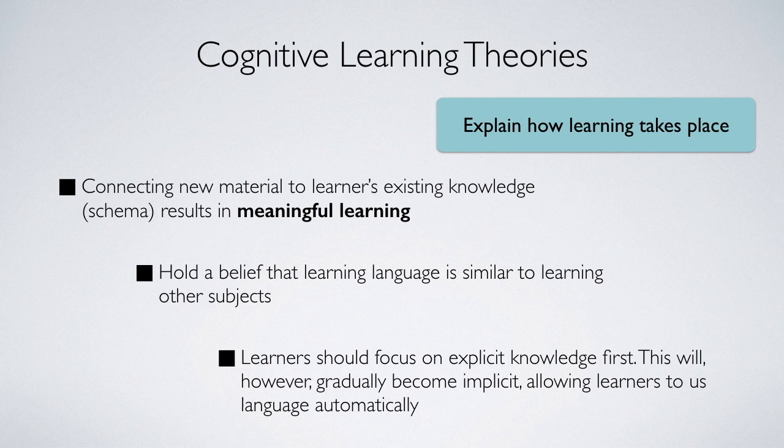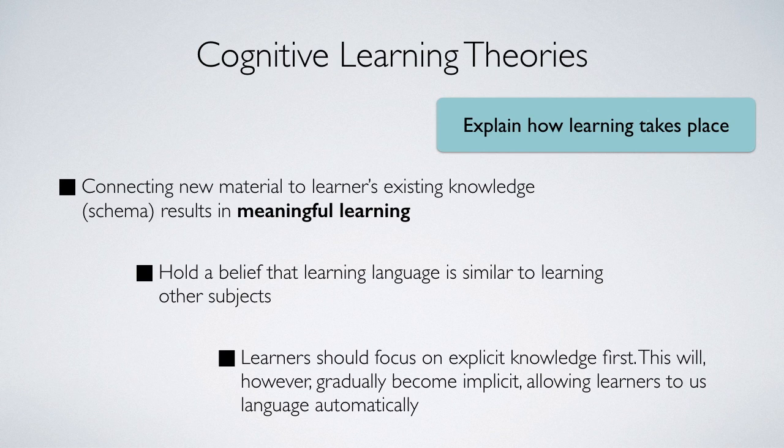This background knowledge is called schema. By creating this connection, we can bring about more meaningful learning. It is also important to remember that cognitive theories suggest that language learning is basically the same as learning other subjects, such as mathematics and science. This is different to the nativist way of thinking, which suggests learning language is different to learning other subjects.